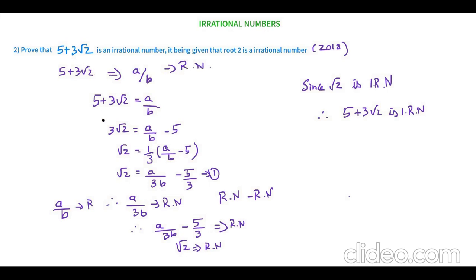Since this is a rational number, the left hand side should also be a rational number. But what we know is root 2 is an irrational number. So this contradiction shows that 5 plus 3 root 2 is an irrational number.